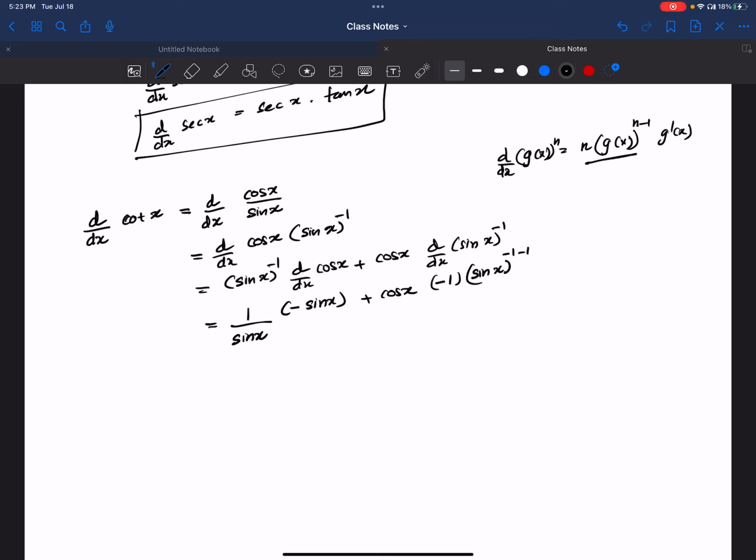That's this part. And then d over dx sine x, which is cosine x. So this is negative 1, negative cosine x over sine squared x times cosine x. So it's cosine x squared over sine x.